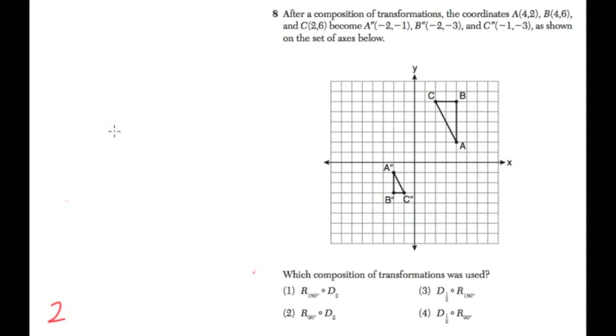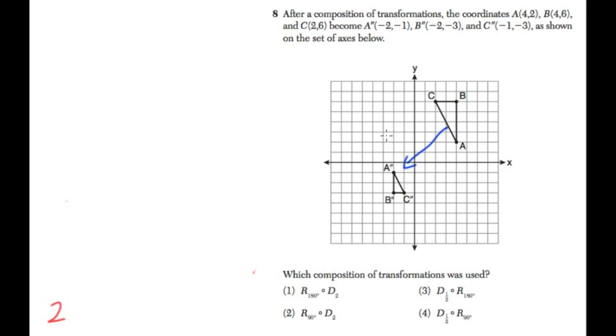Whatever. Okay, so this is a big one. Number 8, after a composition, the coordinates of the triangle become that, shown on the set of axes. What composition was used? Okay, so we're going from this to there. The first thing you'll notice is that the resulting triangle is smaller than the triangle that you start off with.